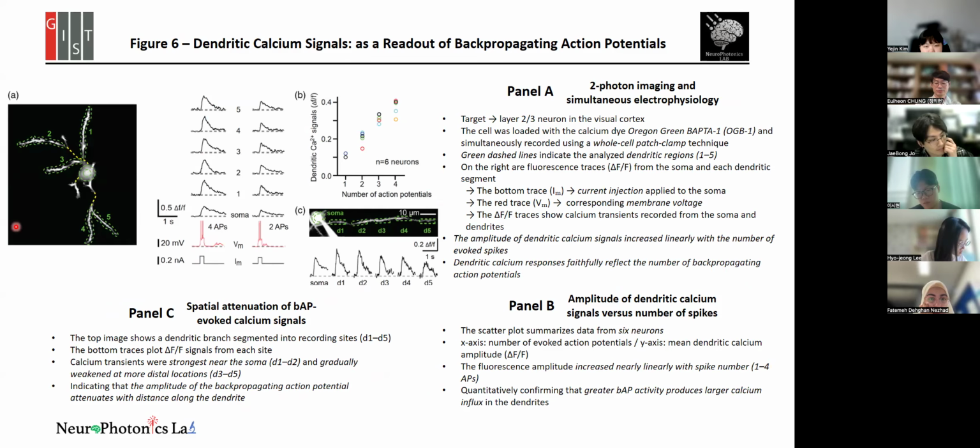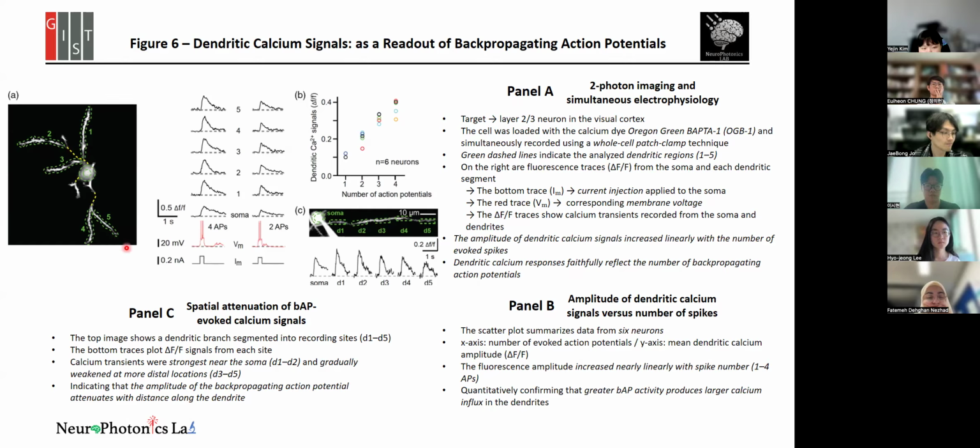And figure 6 presents the experiment designed to determine how well dendritic calcium signals reflect somatic backpropagating action potentials. And panel A shows the result of stimulating the soma while simultaneously measuring calcium signals and electrophysiological activity in the dendrites.